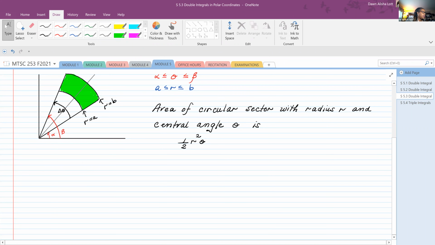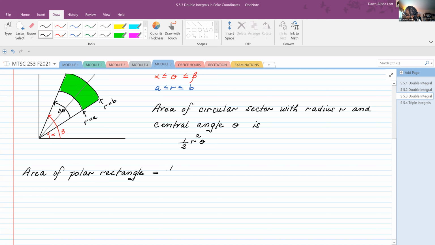So therefore, the area of the polar rectangle is equal to 1/2. The area of the first piece is 1/2 b squared, and its angle is beta minus alpha.